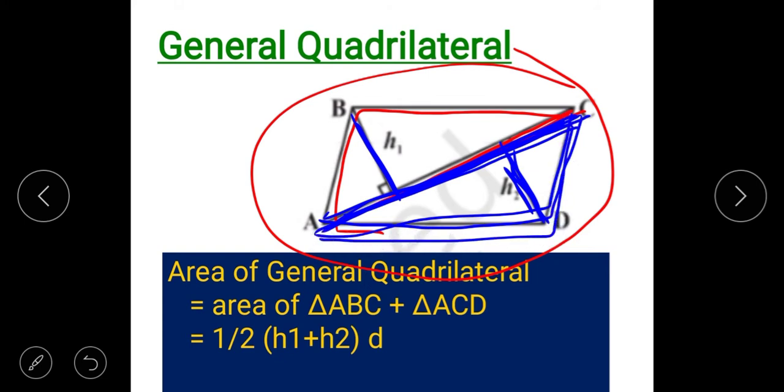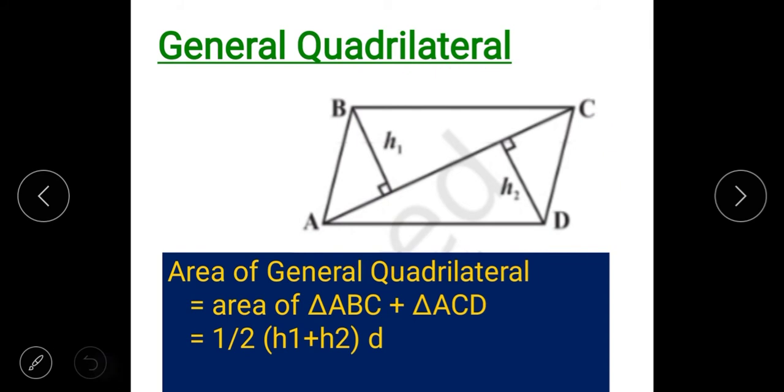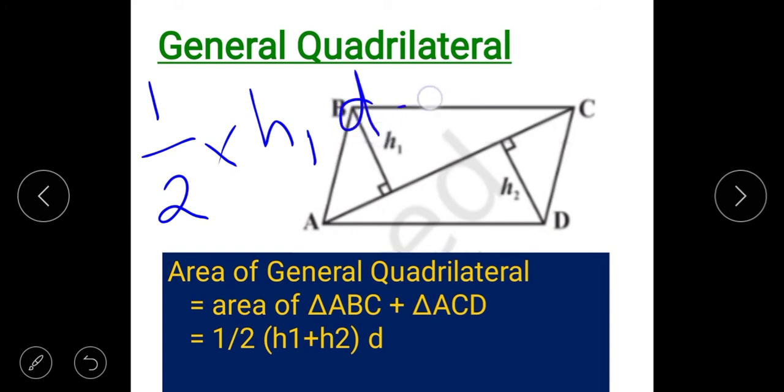Now you have height, you have base. Now what will be the area? That is half h1 into AC, that is your diagonal D, plus half h2 D, that is your diagonal AC.